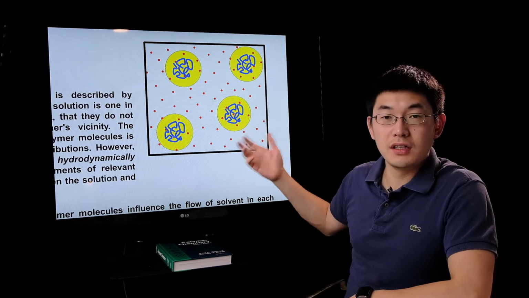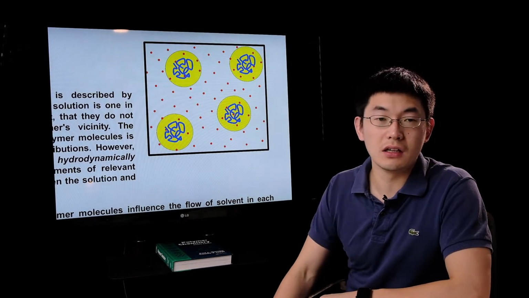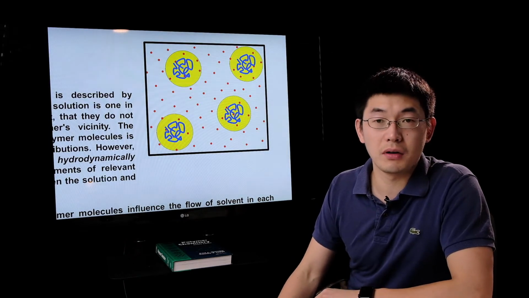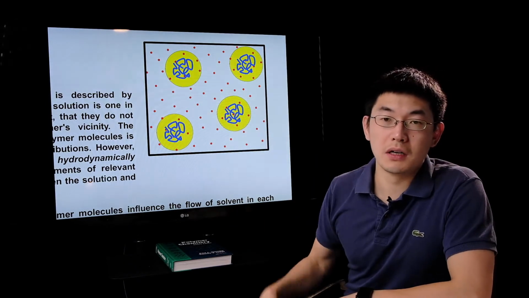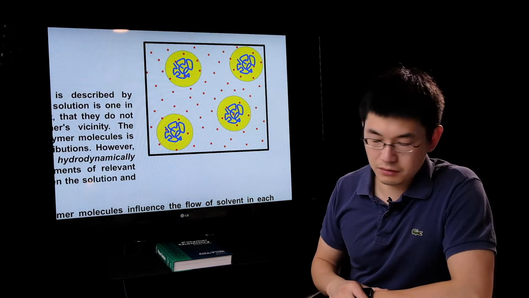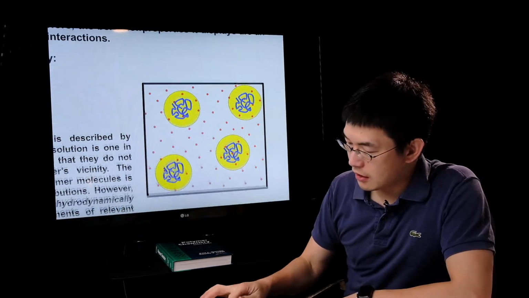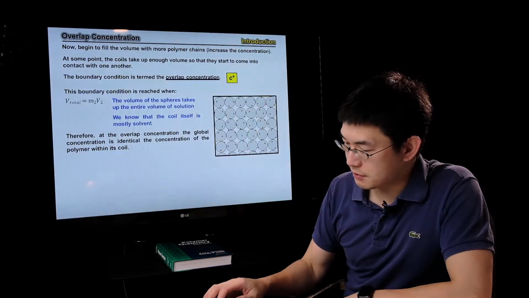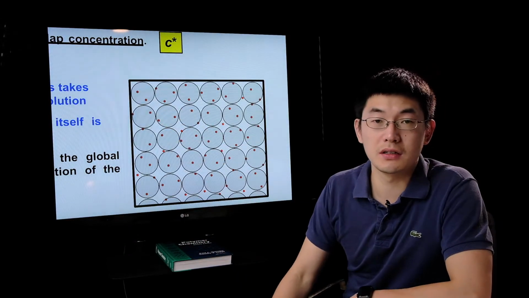Right now all these polymer coils are floating around, not overlapping or touching the other polymer coils. They have a safe distance between them, but as you increase the concentration, dissolving more and more polymer coils, you start to have overlapping of these different coils, and we have a representation shown here where you have polymer coils touching each other.